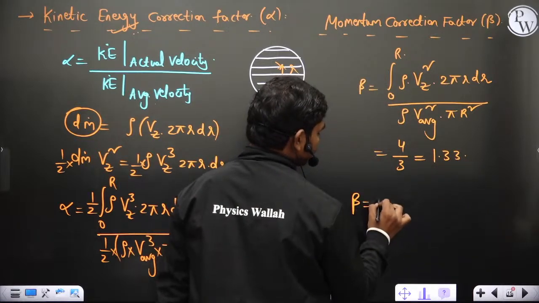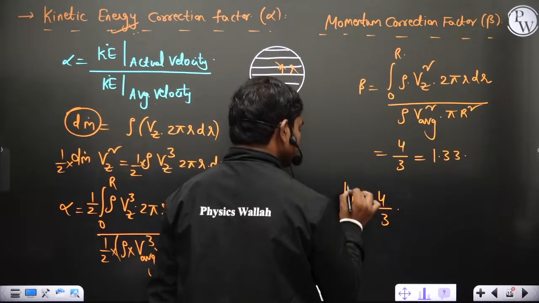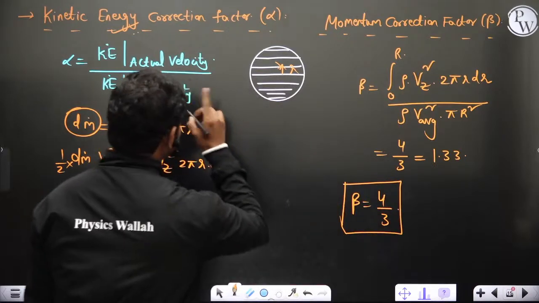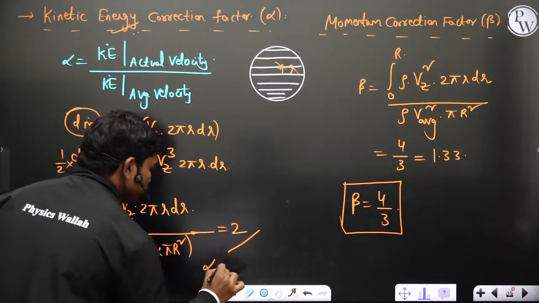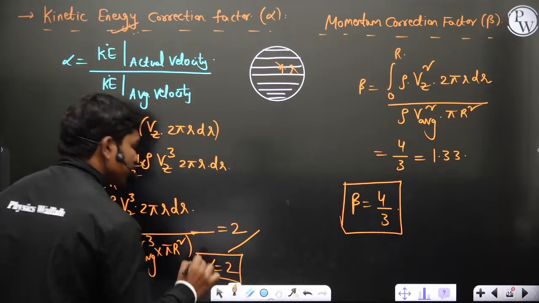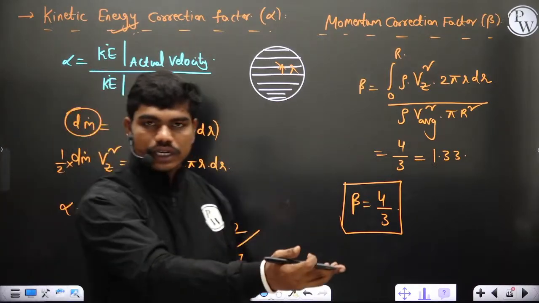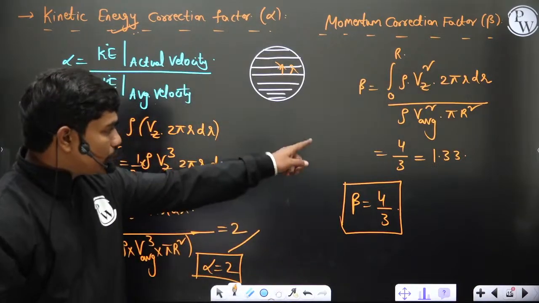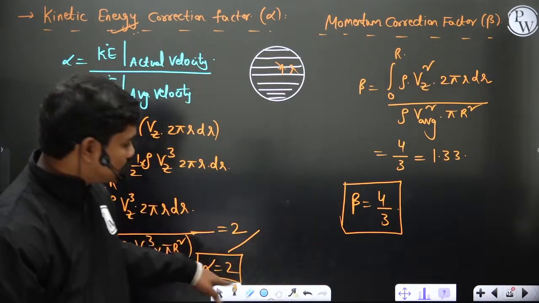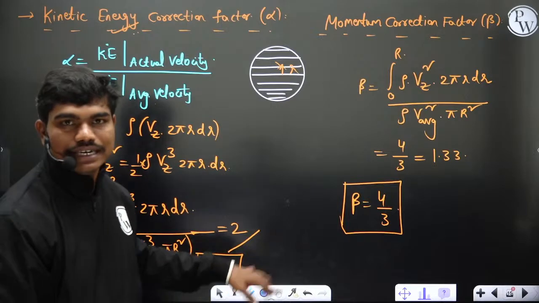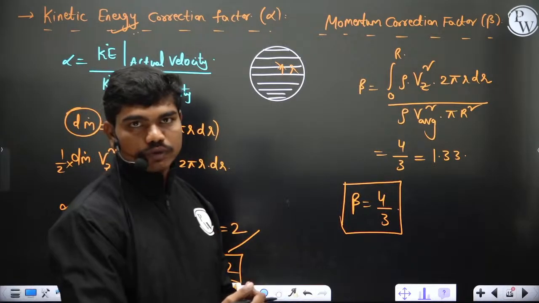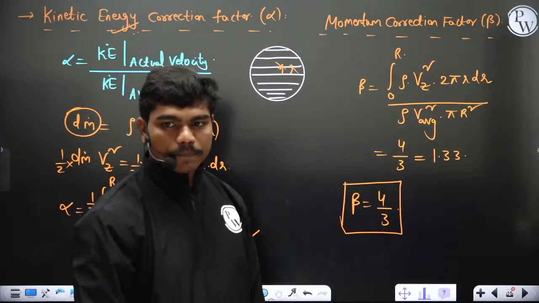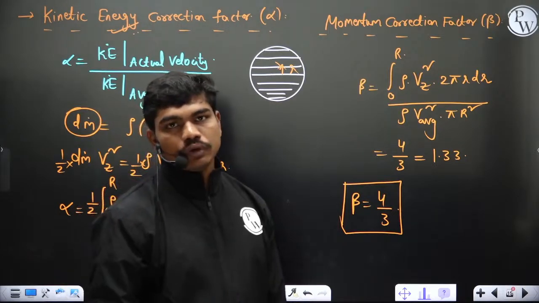Beta is 4 by 3 in case of laminar, and this alpha, the kinetic energy correction factor, is 2 in this case. You can try out these integrations as homework, just single variable integrations, you can easily do. So this value will turn out to be 4/3 and this value will turn out to be 2 in case of laminar. In turbulent we have a certain range, which I'll give you when we talk about turbulent flows. Clear? Is this clear to all of you?